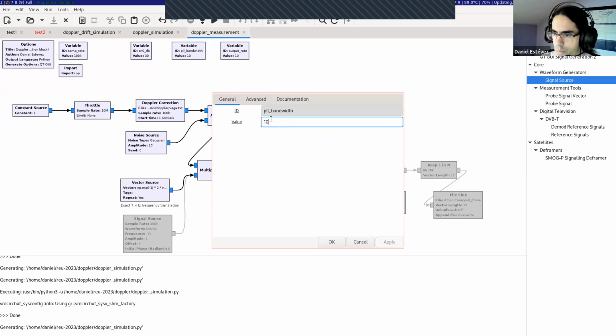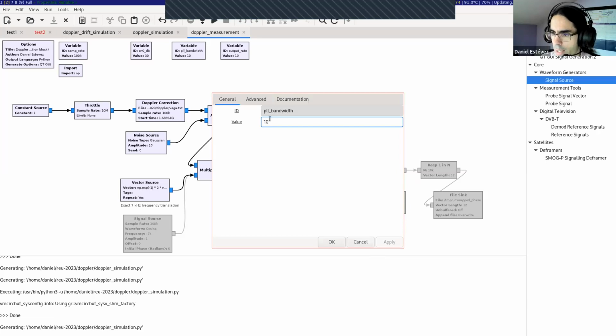If we set a small bandwidth, then the PLL will be able to cope with weaker signals because in a certain way it's doing more averaging. But on the other hand, if the signal changes too rapidly, the PLL will lose lock, and then this method doesn't work at all. And also, it is harder to initially lock to the signal.